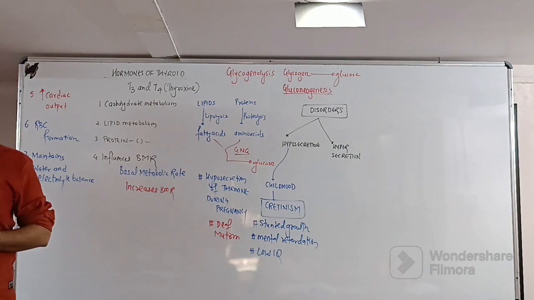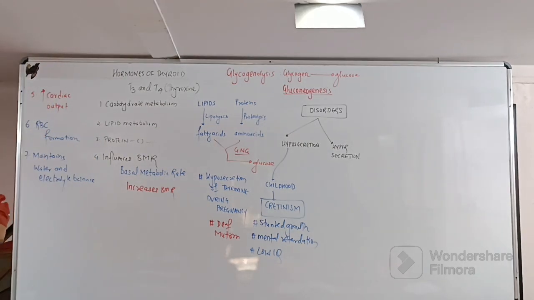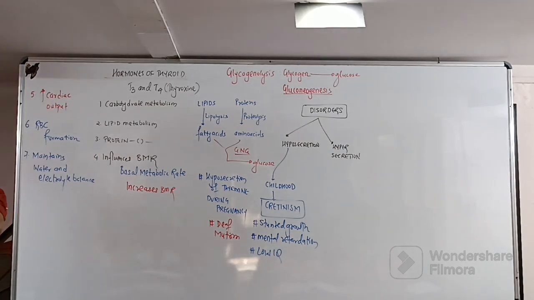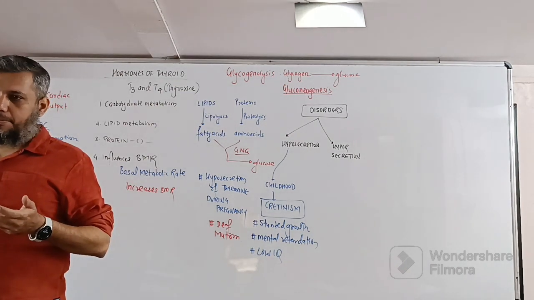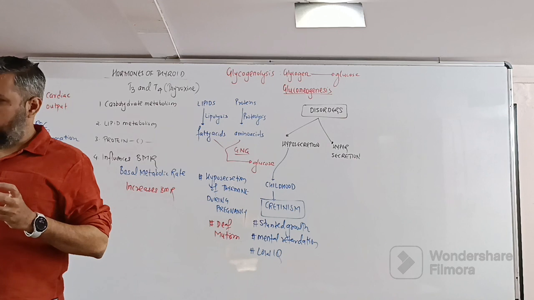Deaf mutism means the child will be deaf and mute. Deaf means cannot hear, and mute means cannot speak. That is why the child is mute. He can't speak. How do you learn to speak? By listening and hearing.